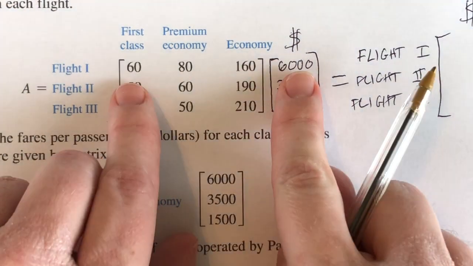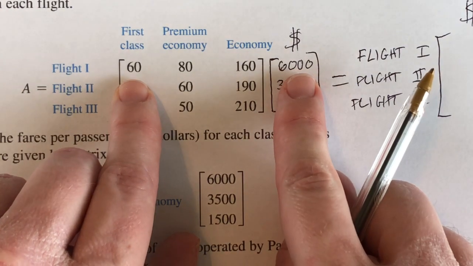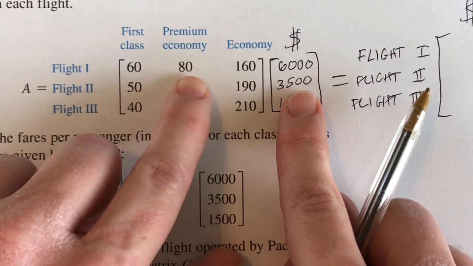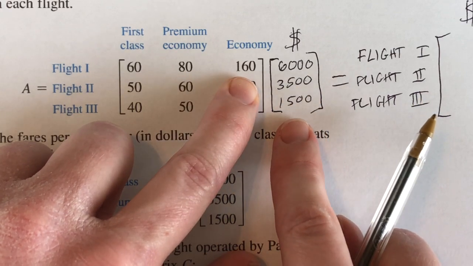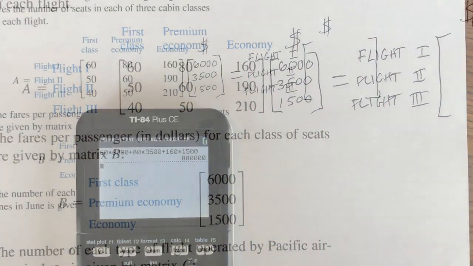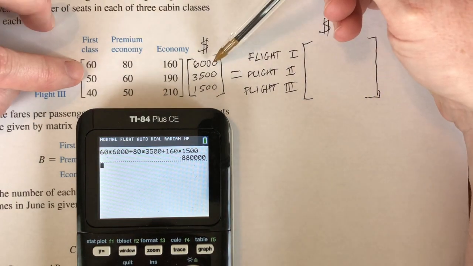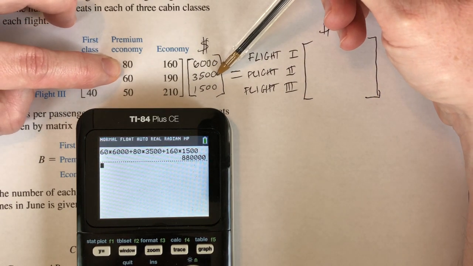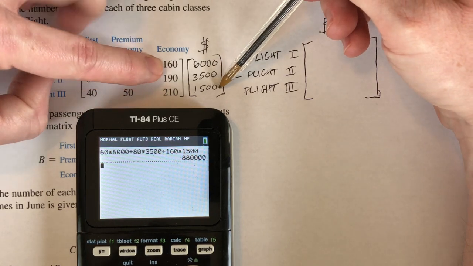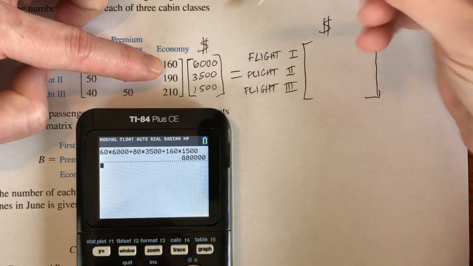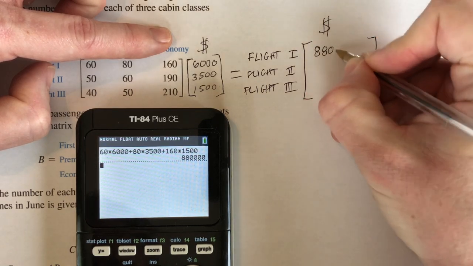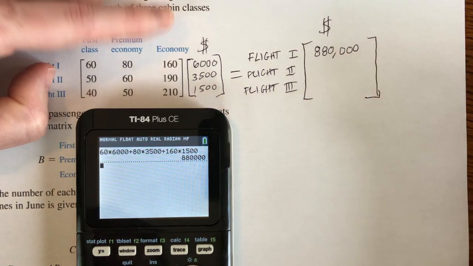All we got to do is 60 times 6,000, 80 times 3,500, and then 160 times 1,500. Let's go ahead and put that in. So what I did in my calculator is 60 times 6,000 plus 80 times 3,500 plus 160 times 1,500. And that would give me this result, $880,000.